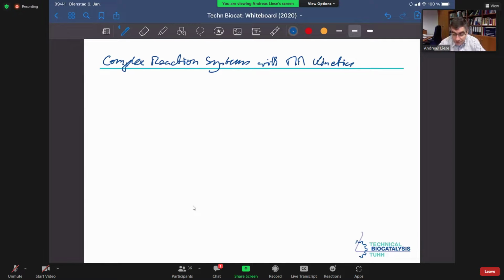Okay, what does this mean? This means that our standard system will start with a ketone, which we just name ketone, or CAT as abbreviation for the following. Then we're going to reduce this with an alcohol dehydrogenase.